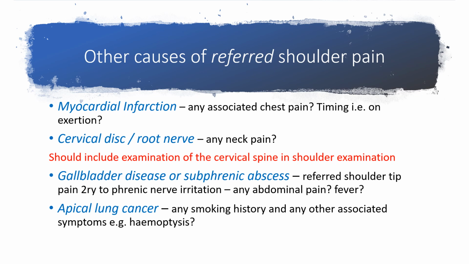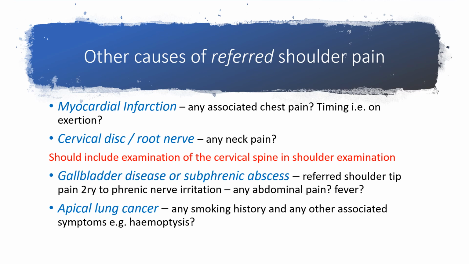For example, myocardial infarction. So somebody's having a heart attack or angina pain. Is it associated with chest pain, this shoulder pain? Does it come on with exertion? Again, like with the knee, think about the joint above, here with the neck, the cervical, lumbar vertebrae, and also the nerves that come out, disc problems or nerve-related problems.